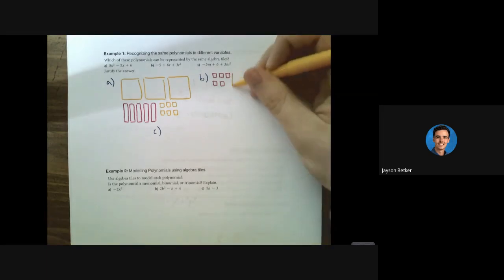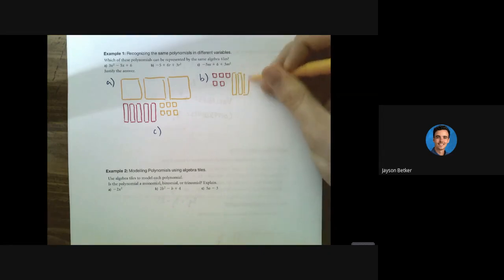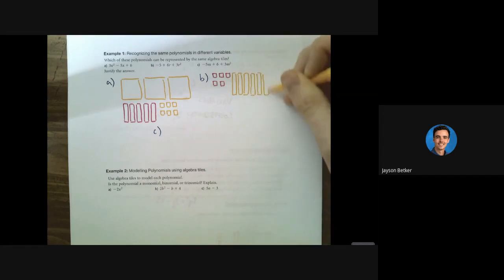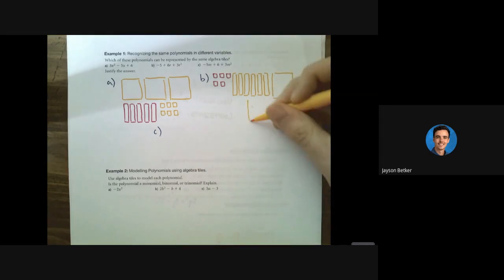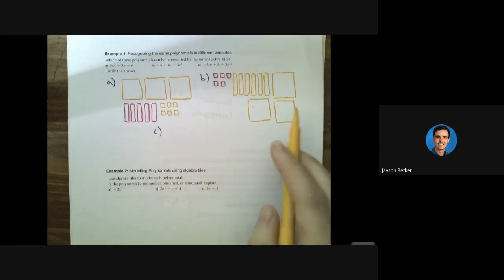So already this is not looking the same as the other one. 1, 2, 3, 4, 5, 6. And plus 3r squared. So that part is the same. We have 3 of these big squares. There's 1, there's 2, and there's 3. So already we can see, okay, so these are the same, but the x's and the ones are different.